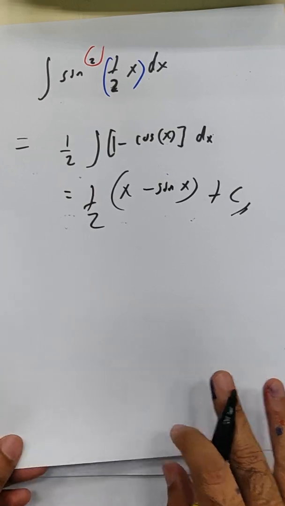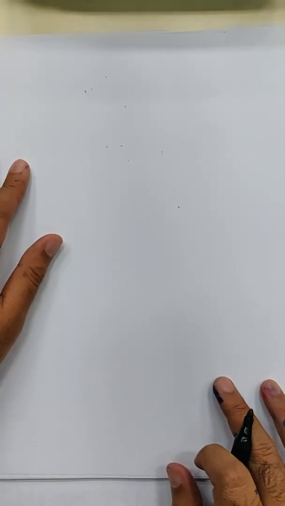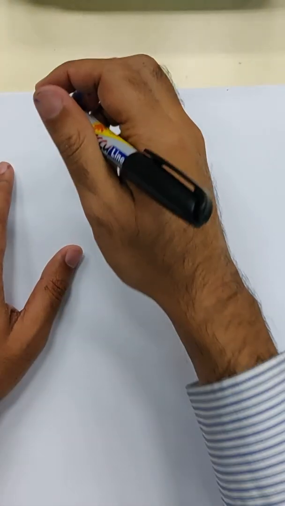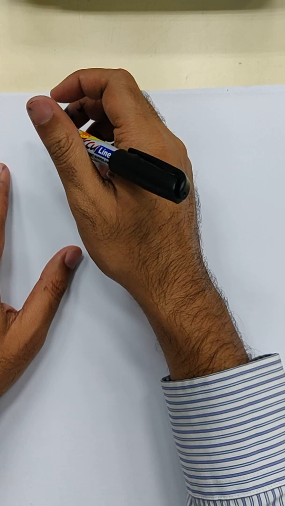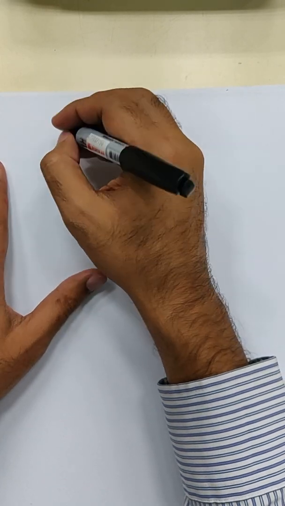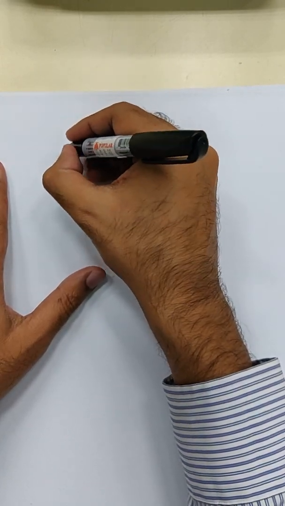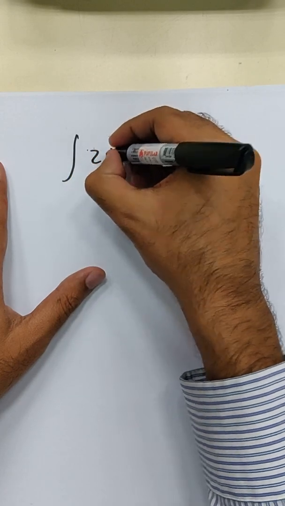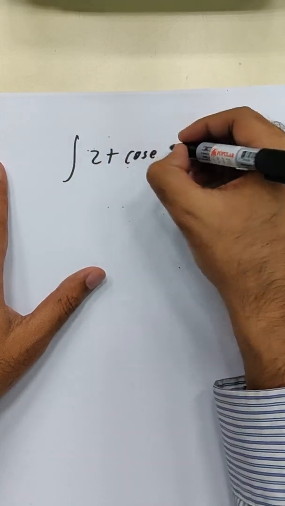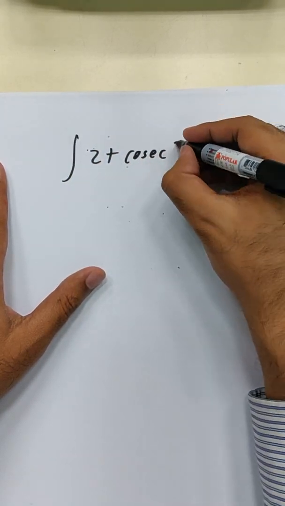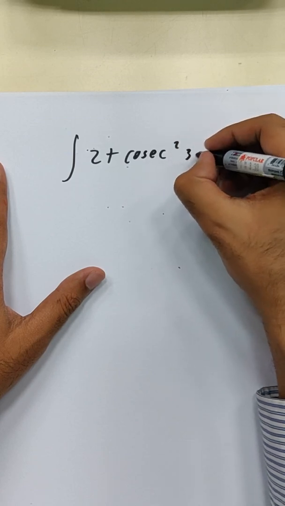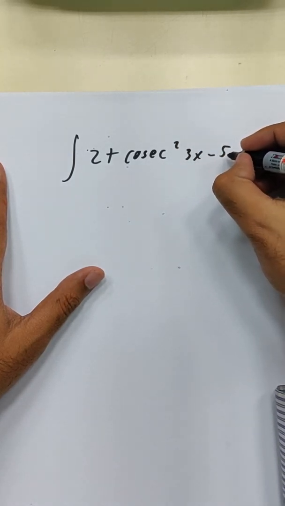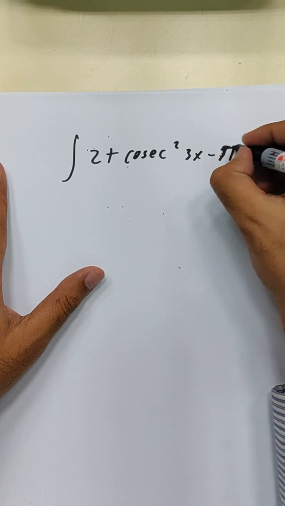Okay. We have a bit of time, but oh well. I'll choose this one for you. What about this one? Sorry, pi. This one is pi.